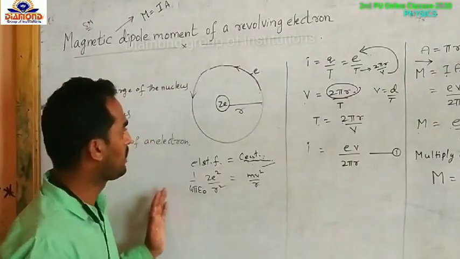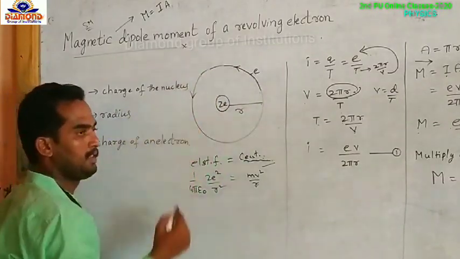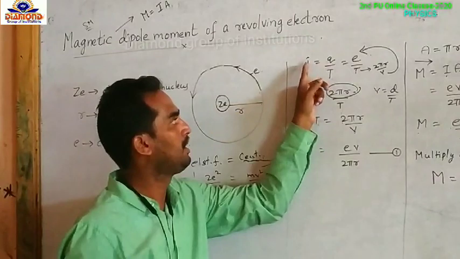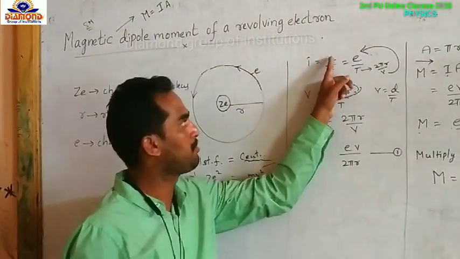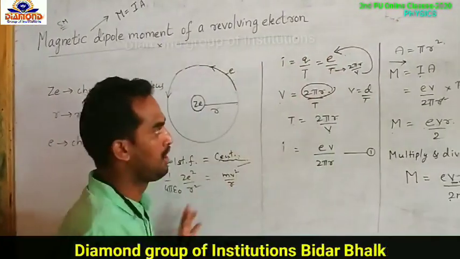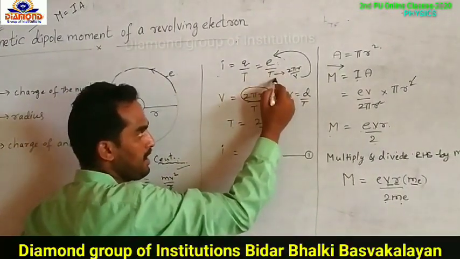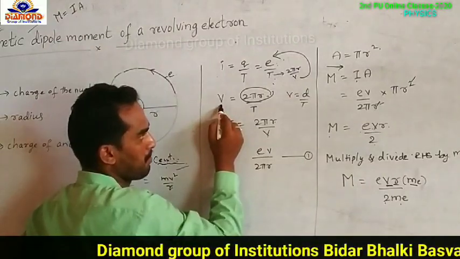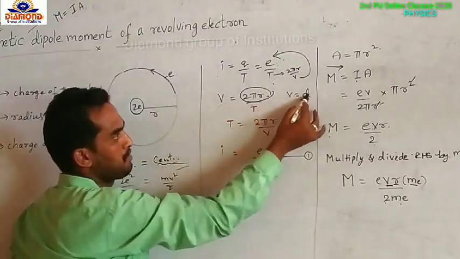Next, whenever the electrons are revolving or moving, at that time a current is produced, that is I equal to charge by time. The symbol of charge we can write as Q or e also. So I equal to e by T, where T indicates the time period. The velocity of an electron is given by displacement by time.